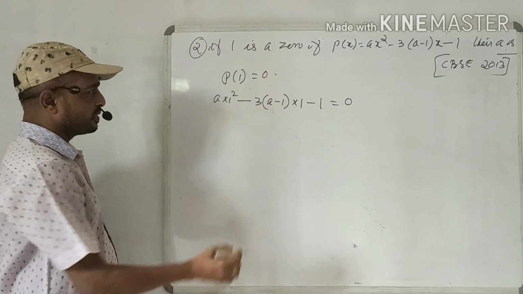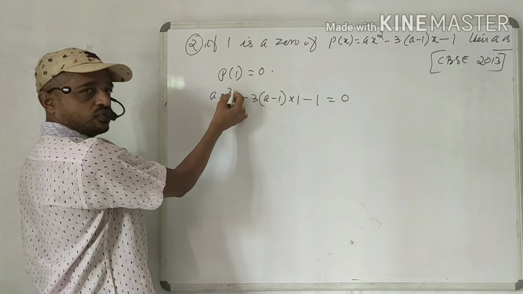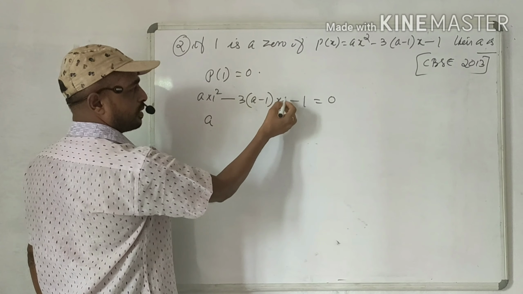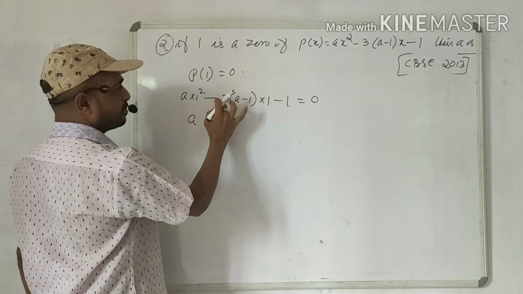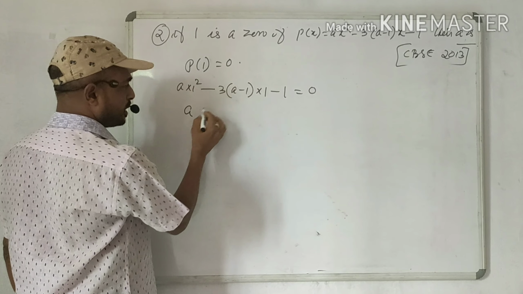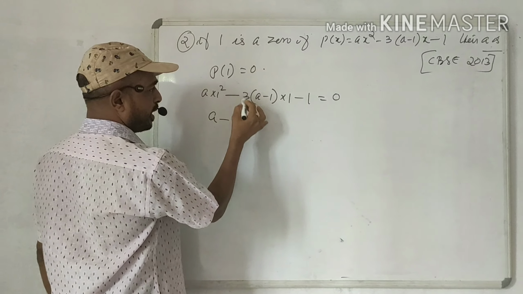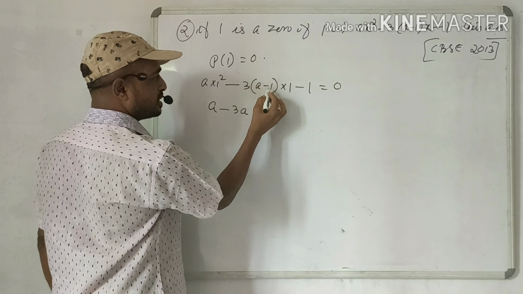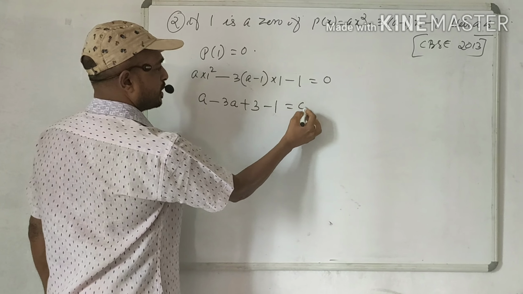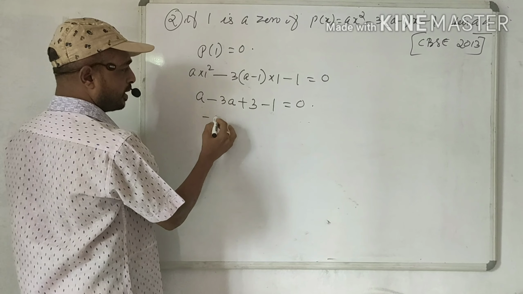Now let us try to simplify this. What is 1 square? 1. 1 into a. See, minus 3 into a minus 1 into 1 is nothing but minus 3 into a minus 1. Minus 3 into a is minus 3a. Then minus 3 into minus 1 is plus 3. And then we have this minus 1 equal to 0. What is a minus 3a?